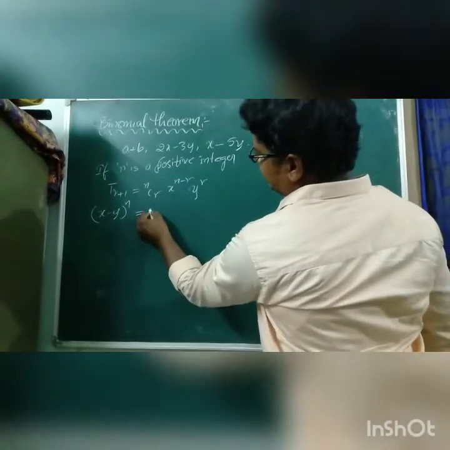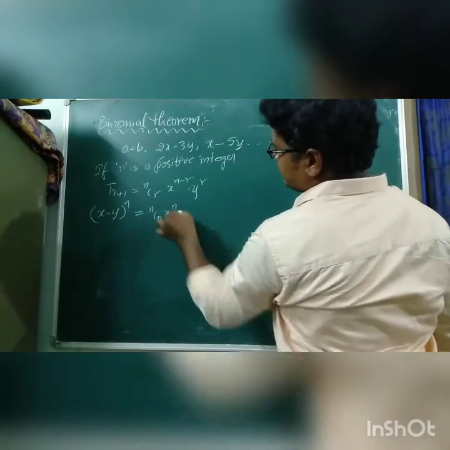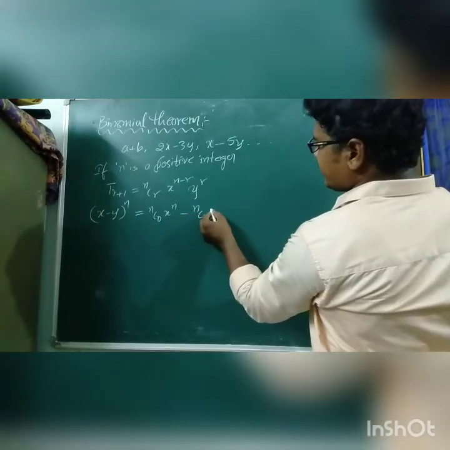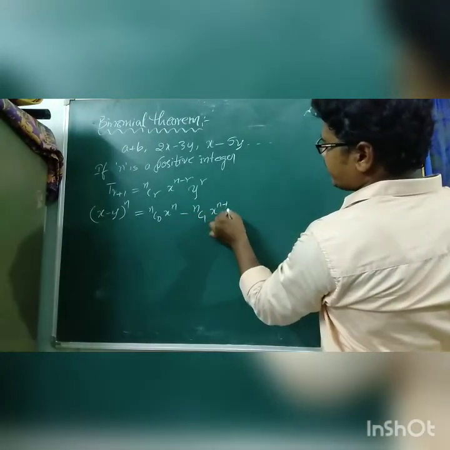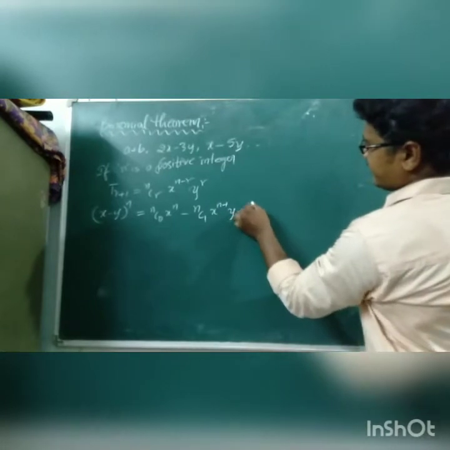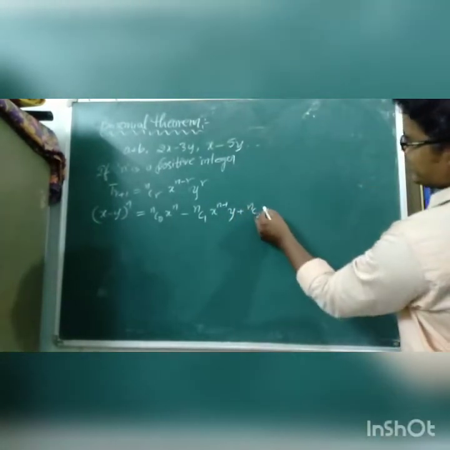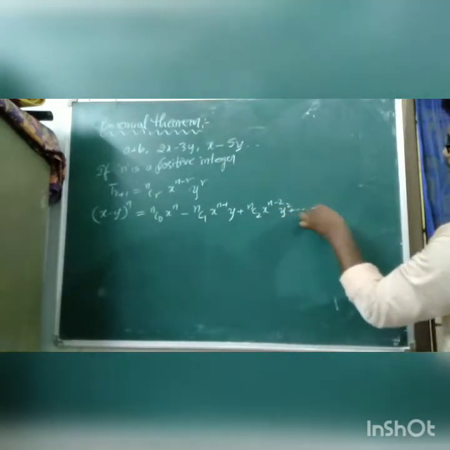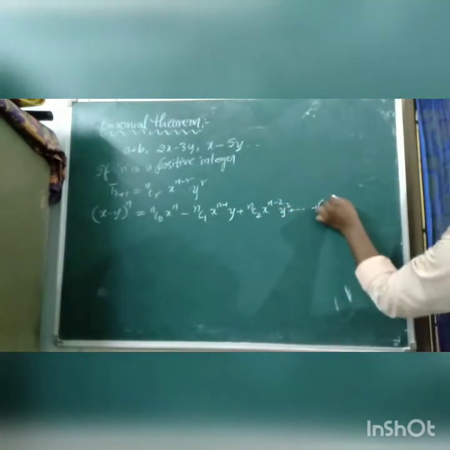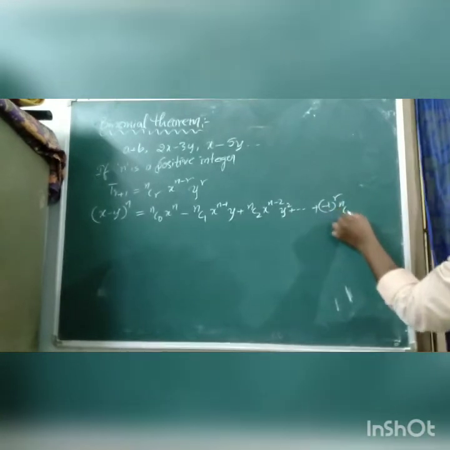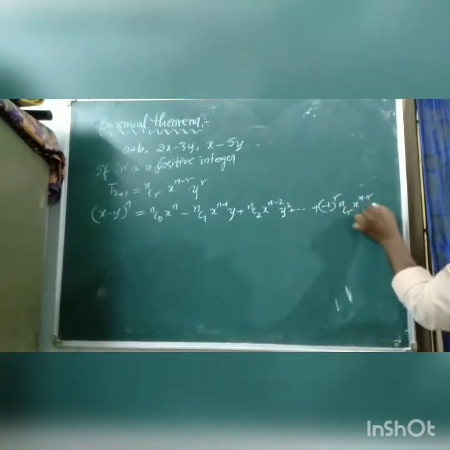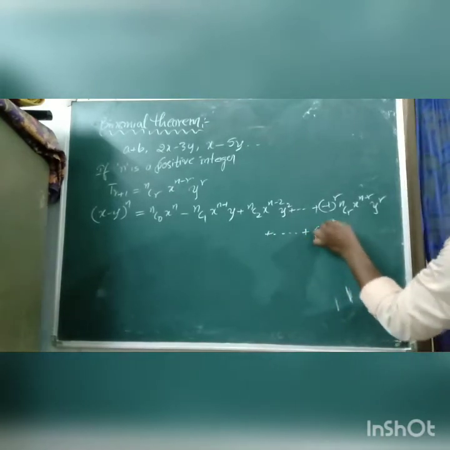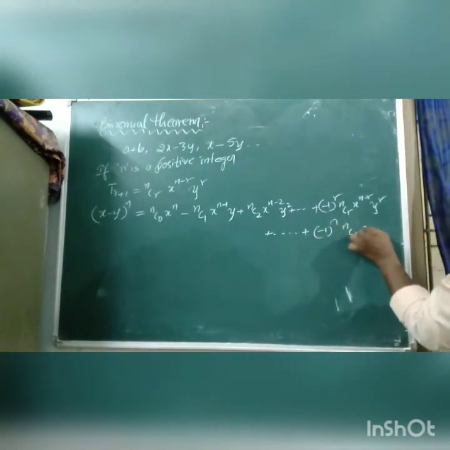We can write it as nC0 x power n minus nC1 x power (n minus 1) into y plus nC2, one positive, one negative, alternately it will continue, x power (n minus 2) into y square, and so on, plus (minus 1) whole power r into nCr x power (n minus r) y power r, and so on, plus (minus 1) whole power n into nCn y power n.